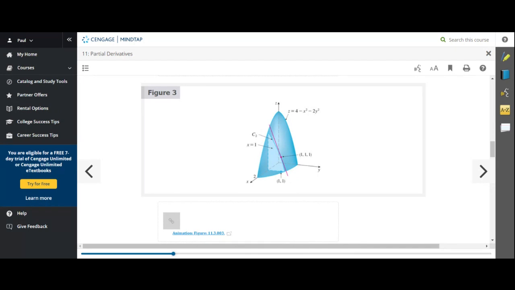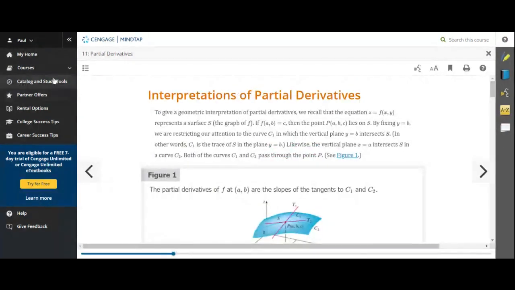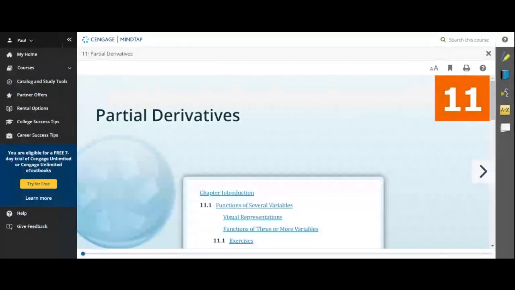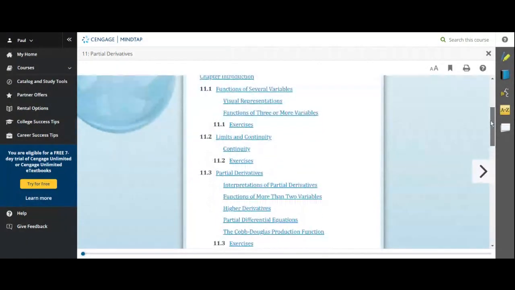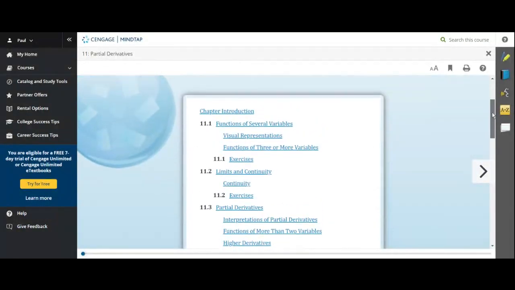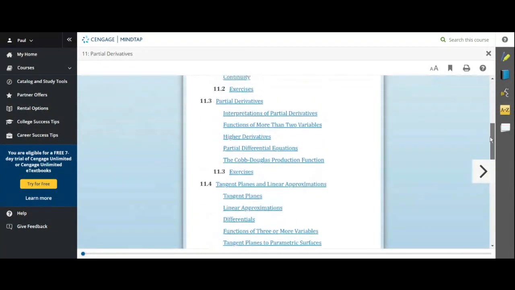That's great. But of course, there are many other directions we can consider than the direction of the x-axis or y-axis, the i vector or the j vector.